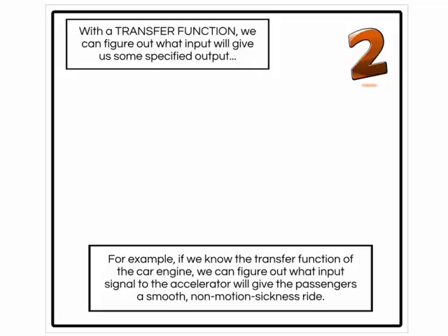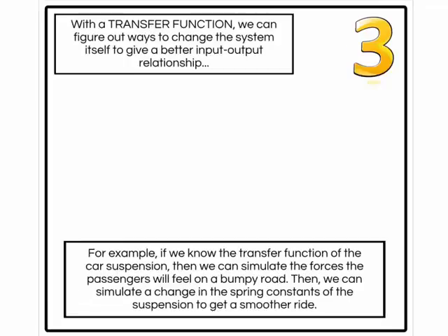We want to find the transfer function so that we know what input signal to program our microcontroller to give the system in order to get the system to behave the way we want it to behave. This is what we need to do in all kinds of automation tasks.